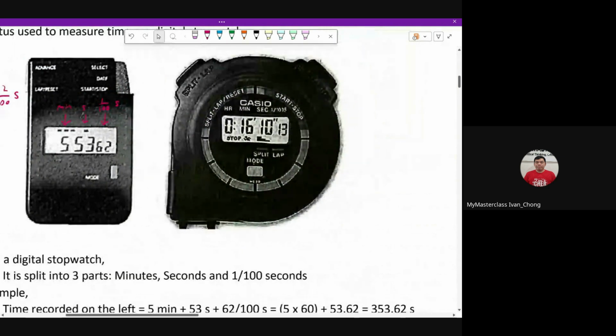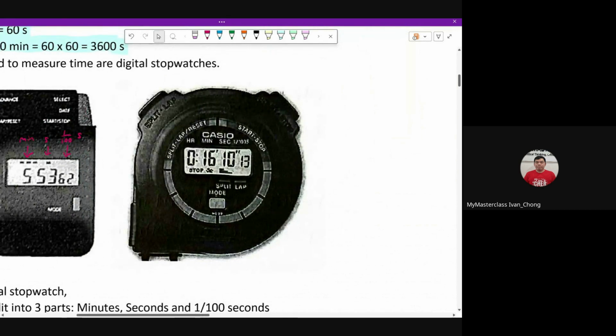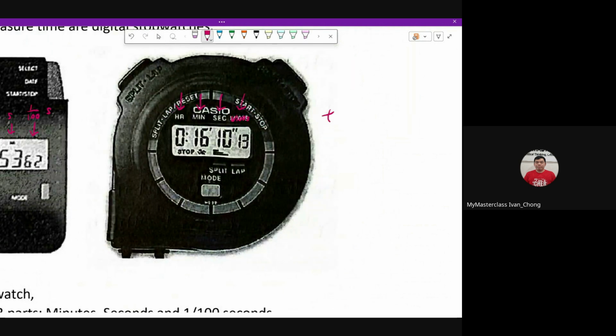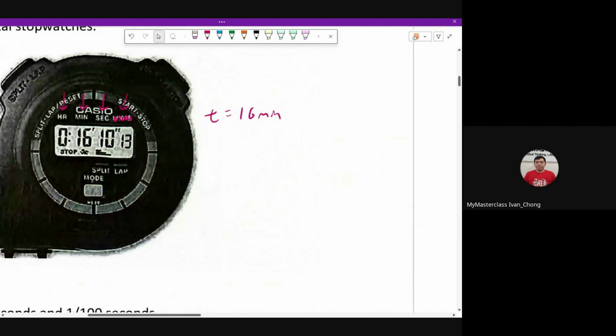So that is how you read this reading over here. Okay. So similarly, for this one, some of your stopwatches are a bit clearer. You actually see the hours, the minutes, seconds, and 1/100. So this one is a bit hard to see, but it's 1/100 seconds. Okay, so how do we read this one? We do the same. Time is 16 minutes plus 10 seconds plus 13/100 seconds.